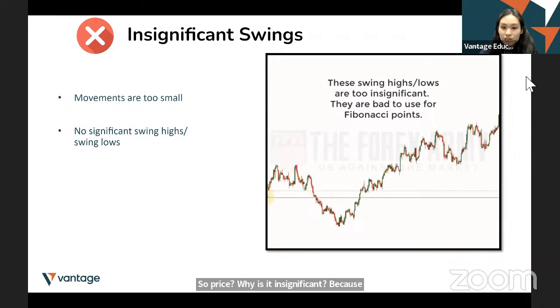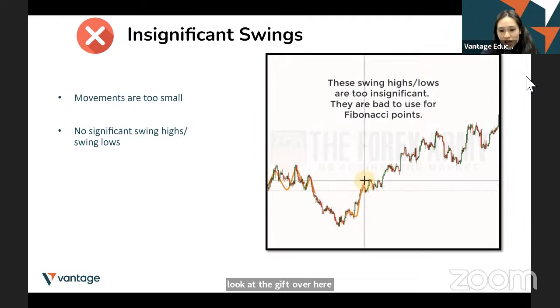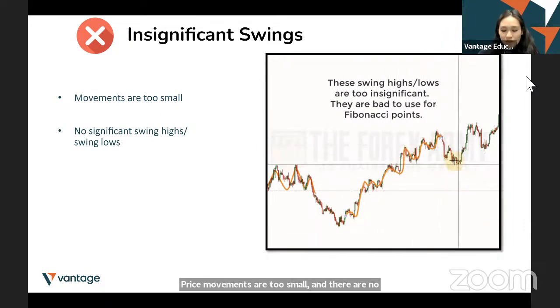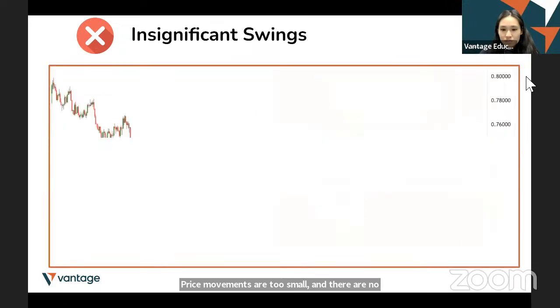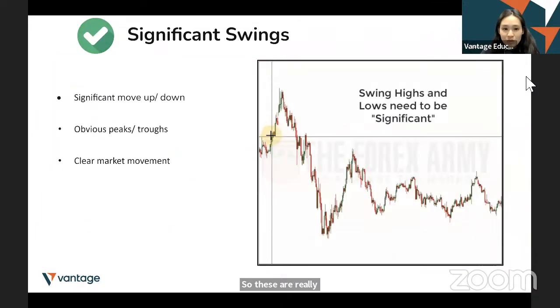If you take a look at the drift over here, price movements are too small and there are no significant swing highs or swing lows. Here's another incorrect example. There aren't really any clear swing highs or lows, and the price movement is small.